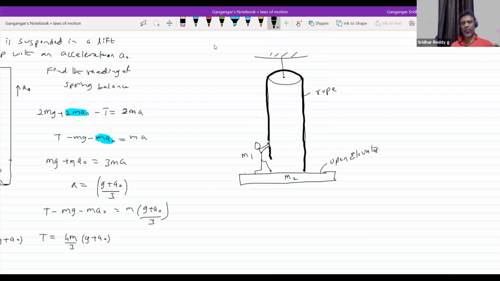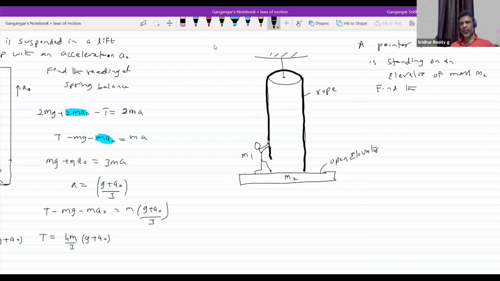The open elevator, what is its mass? M2. With what force should I pull the rope so that the system will be in equilibrium? So here, a painter of mass m1 is standing on an elevator of mass m2.